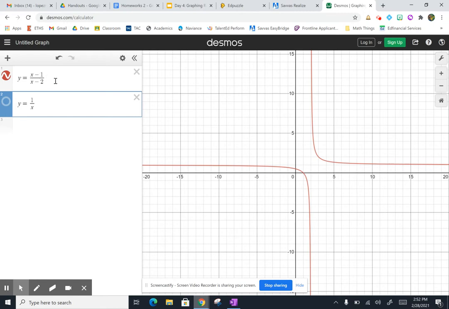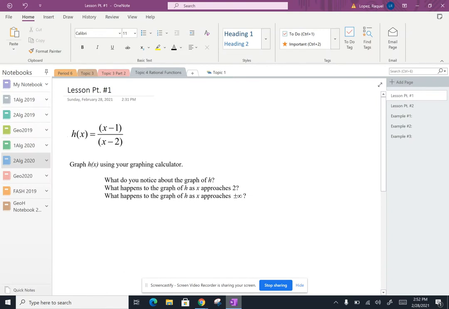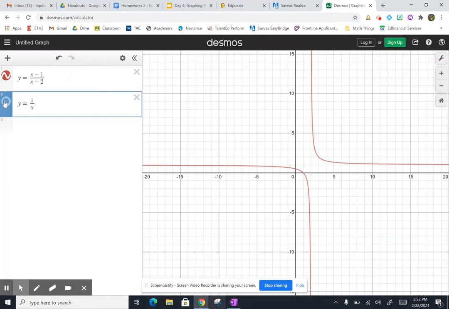What I also put into Desmos is the parent function, the reciprocal function y equals 1 divided by x, so that I can get a better idea of how these two functions compare, because that's how I'm going to answer that first question: what do I notice about the graph of h.